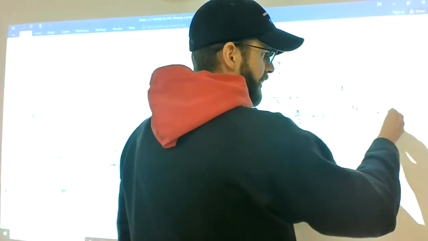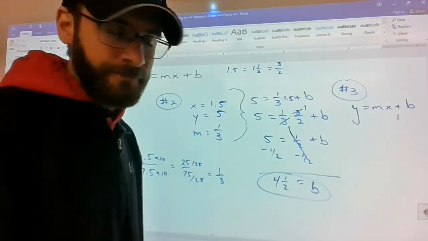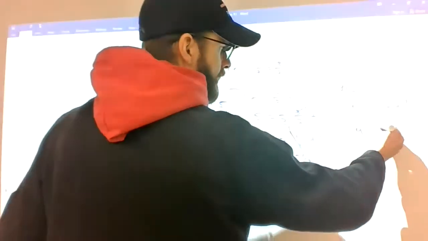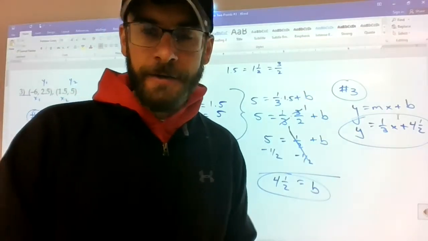If we're using the format y = mx + b, then it's y = 1/3 x + 4.5 as my b. All right. So the decimal example, interestingly, turned out to be nothing but fractions at the end.